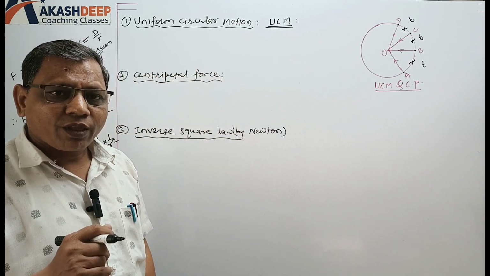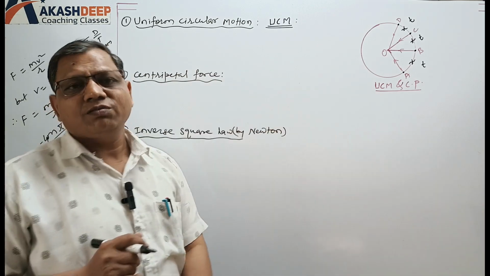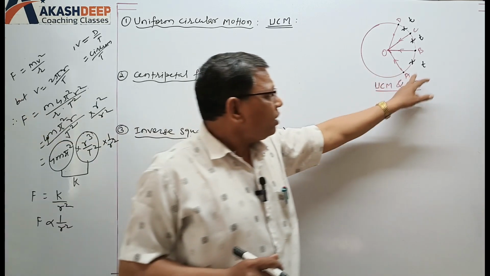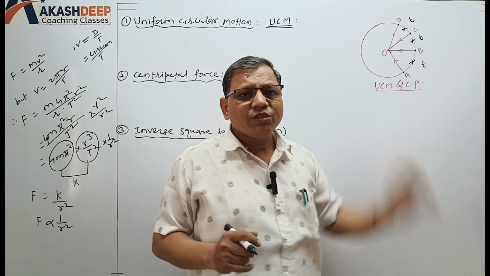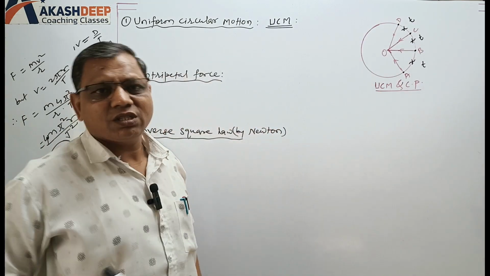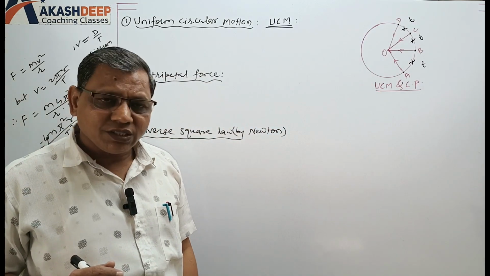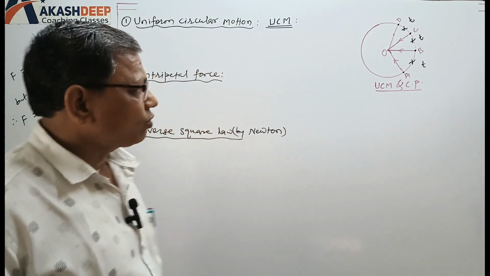Now, why we call this motion as uniform circular motion? Basically, object is moving along the circumference of the circular path. Therefore, this is circular motion. Hence, we define uniform circular motion.